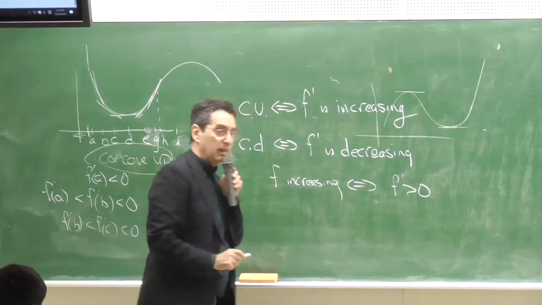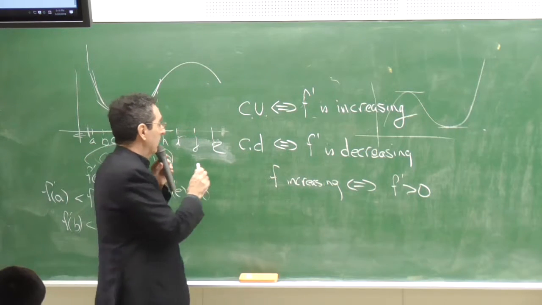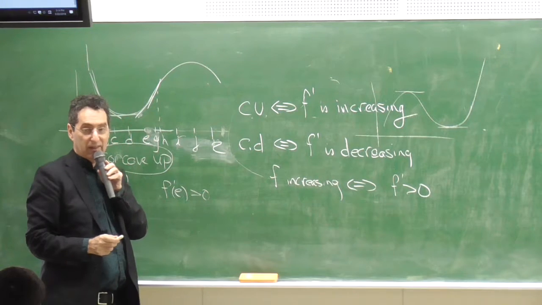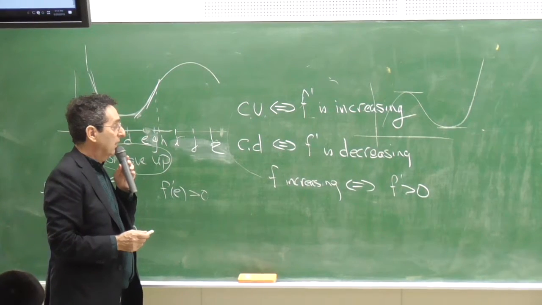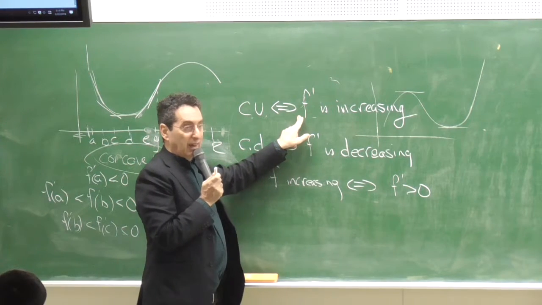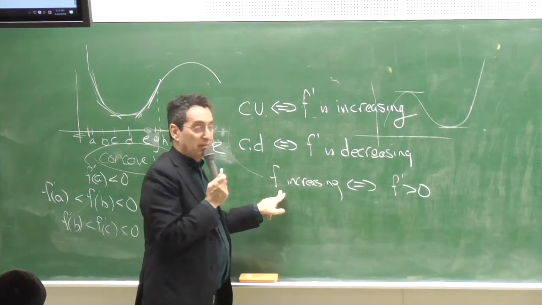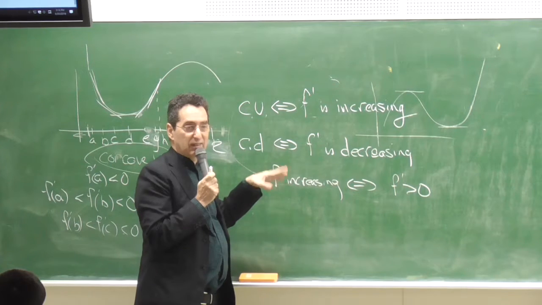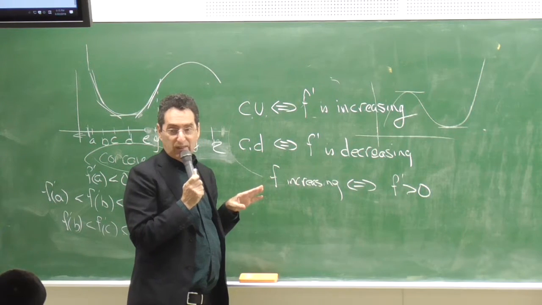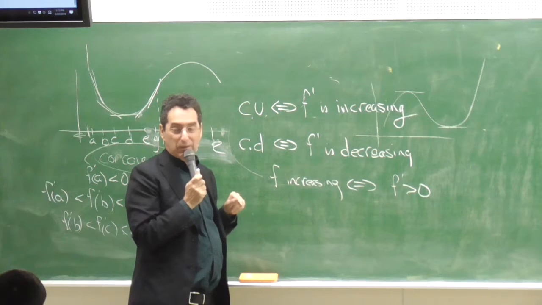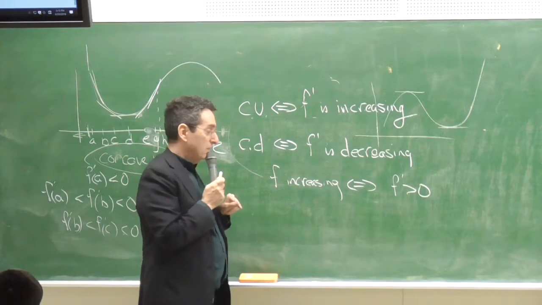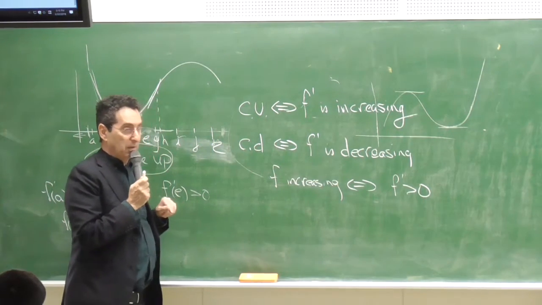Now the question is, how can we combine these two statements? It looks like they can't be combined, because this is talking about f prime increasing, and here we have f increasing, so they don't really have anything to do with each other, right? You can't really work with them together.